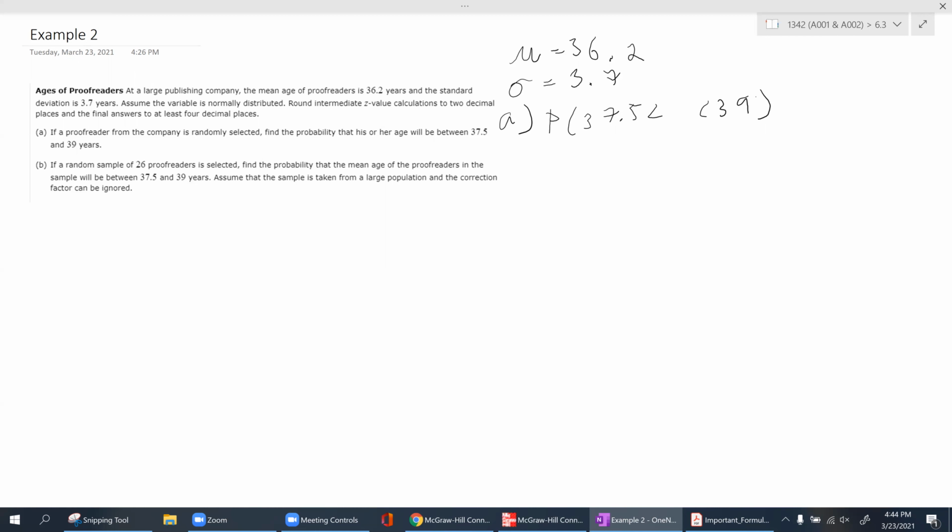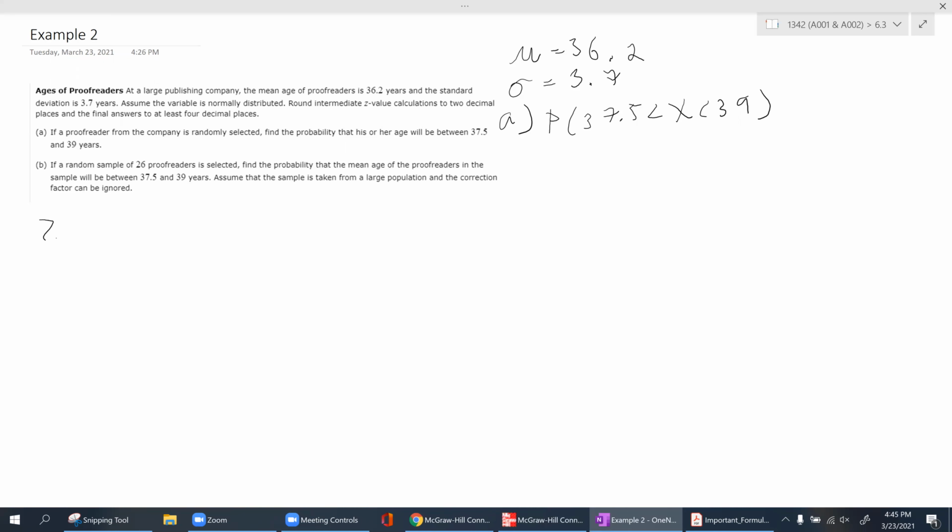You may be asking, I didn't see a sample size. They didn't mention anything about a large population, or that I am able to ignore the correction factor. So here you're just finding a regular z value, and that's fine.